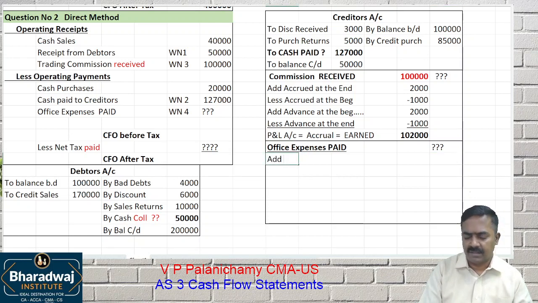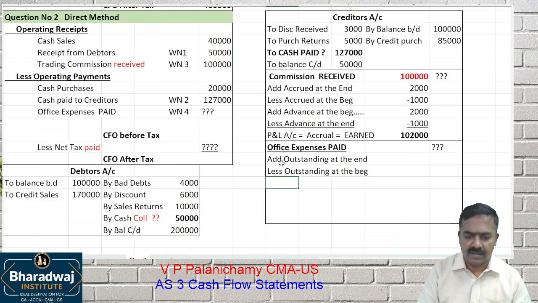Add outstanding at the end of the year, because it belongs to the current year. Less outstanding at the beginning of the year, because it belongs to last year.